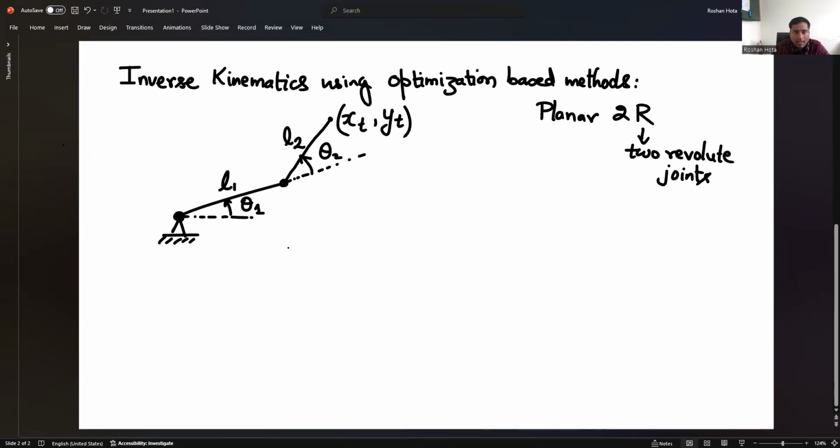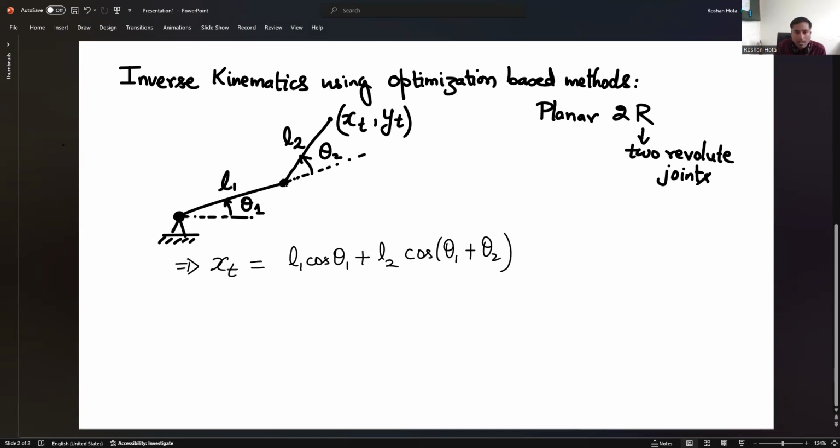And I can write the expression here of xt as L1 cos θ1 plus L2 cos(θ1 plus θ2).